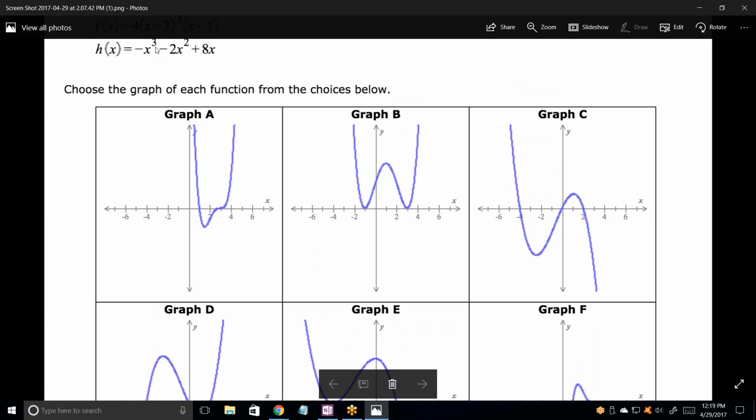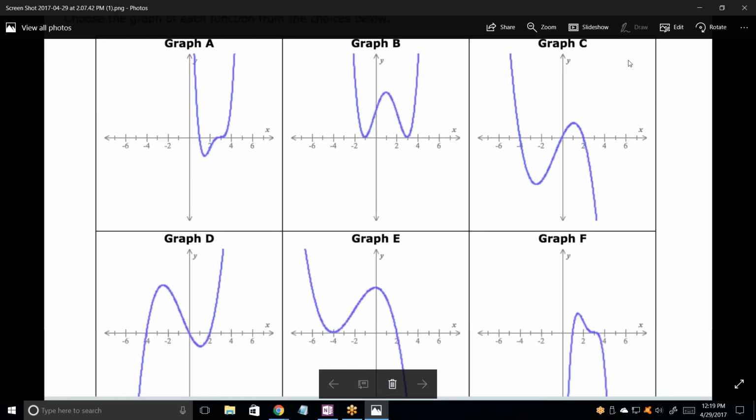First of all, the only term that matters for end behavior is that first term. Right. So when x goes to positive infinity, what does h of x go to? H of x goes to negative infinity. That means C is correct. Right. Not D. Okay.